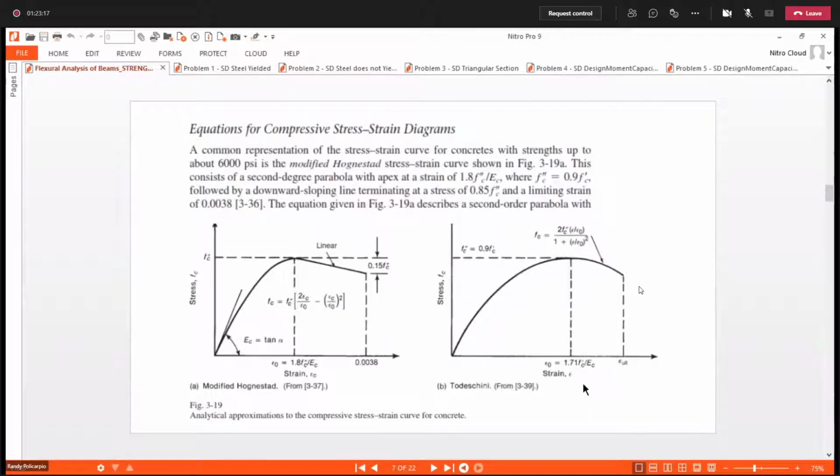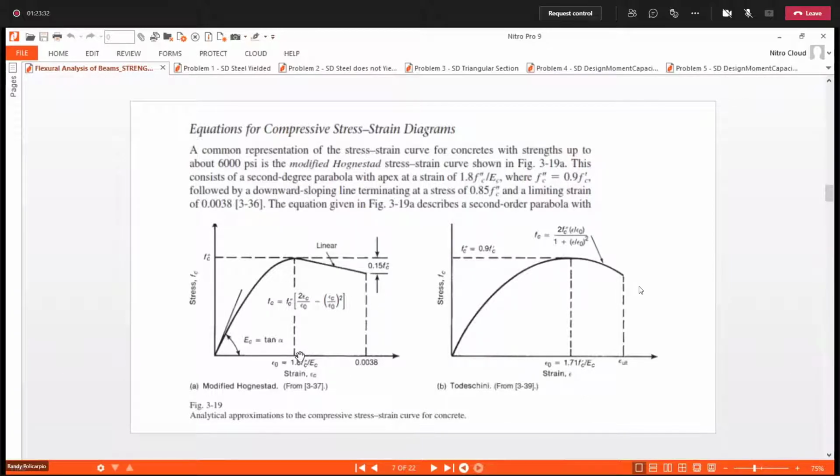So 0.9. So yung 1.8 natin, i-multiply natin ng 0.9. Pag minultiply natin ng 0.9 yan, lumilitaw it's 1.62 F prime C, no?